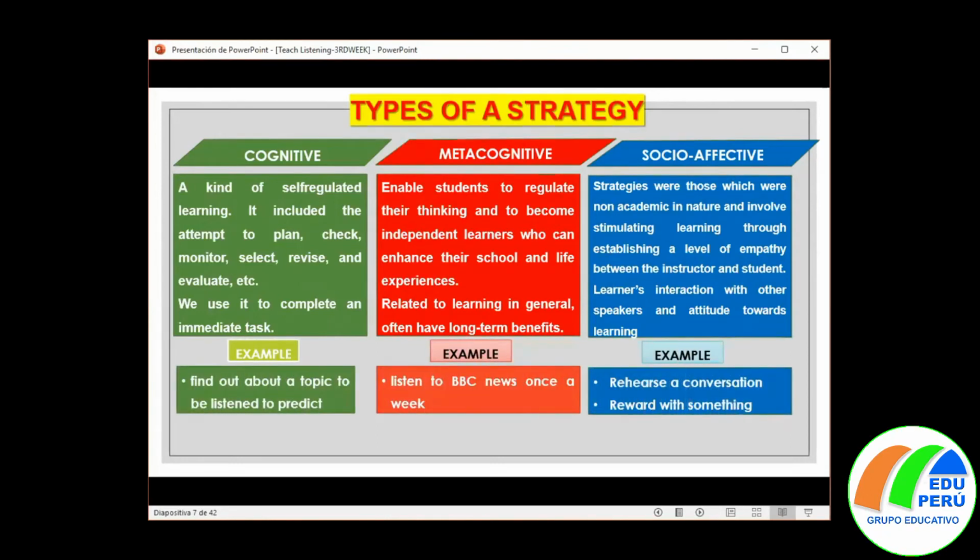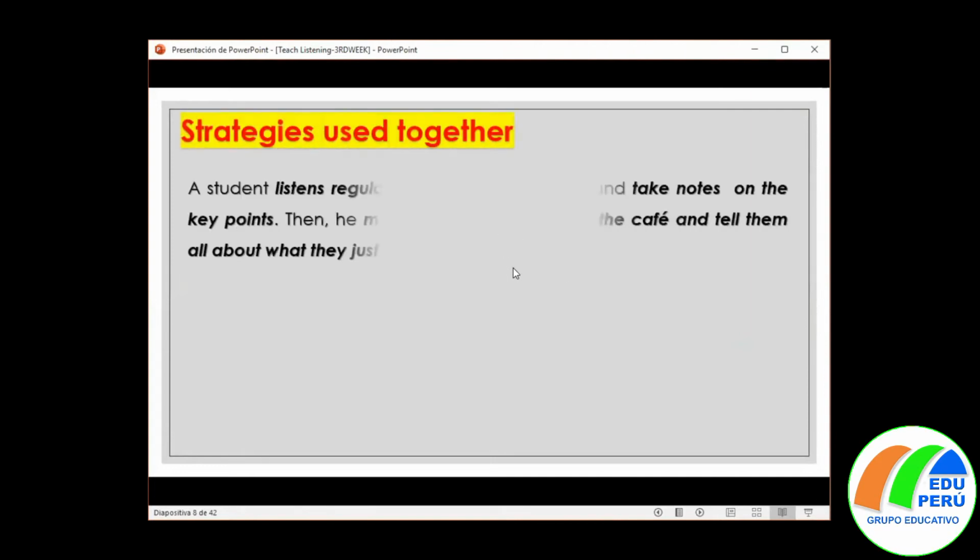Okay, so here you have this. Now, notice that we were talking about each strategy by itself, but when we have these strategies in our life, or when we want to enhance a skill, we're going to use them together. This is a situation. A student listens regularly to a radio broadcast and takes notes on the key points. Then he meets his fellow students in the cafe and tells them all about what he just listened to.